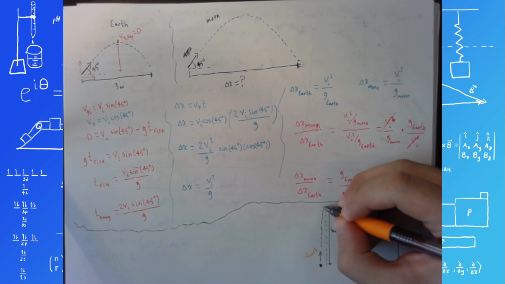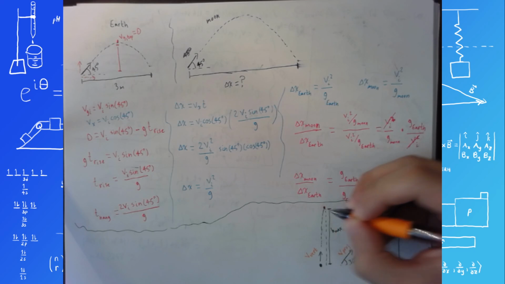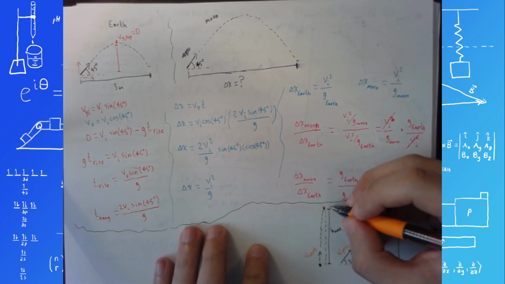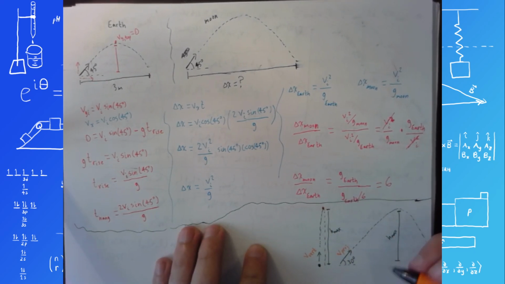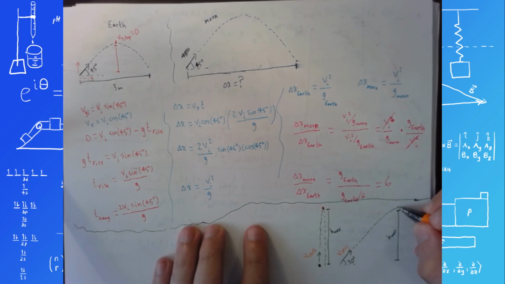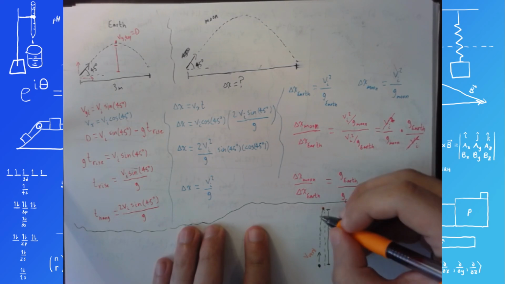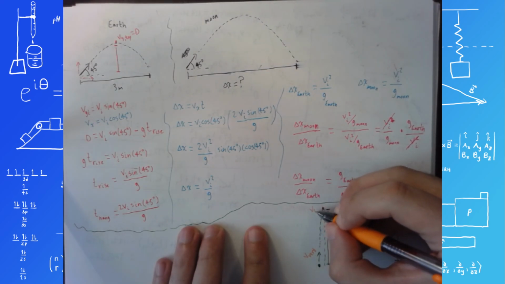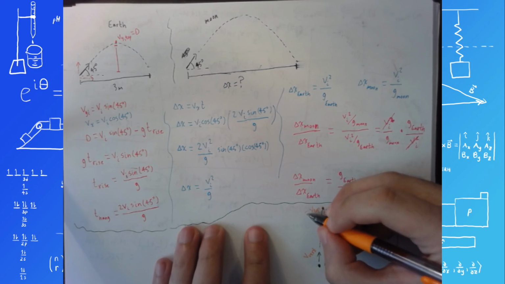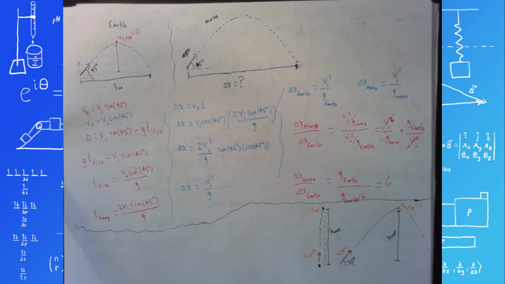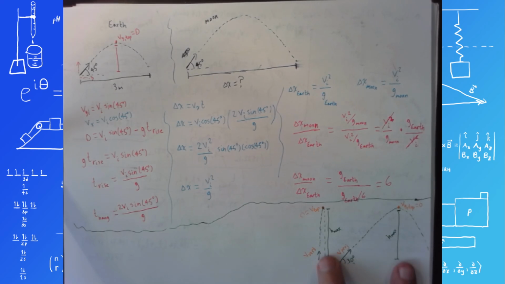Well, for the ball thrown vertically, we know v top is going to be 0. For the projectile, we know that Vy at the top is going to be 0. So Vy top equals 0 here, and v top equals 0 there. And we can use that to figure out how we're going to make these h maxes equal to each other.